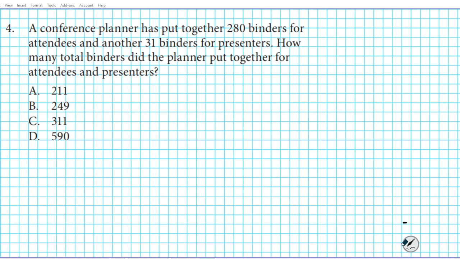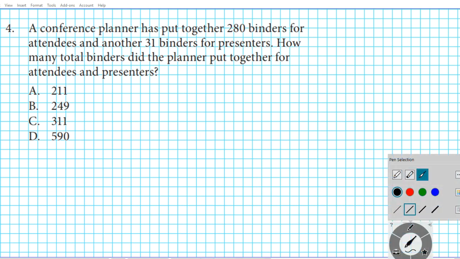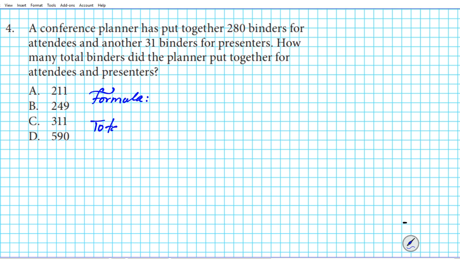Now to solve this problem, let's go ahead and write down the formula that's going to guide our problem solving process. We're going to adapt our formula to this particular scenario. Okay, so the total number of binders is equal to the sum of the component binders that form the total.